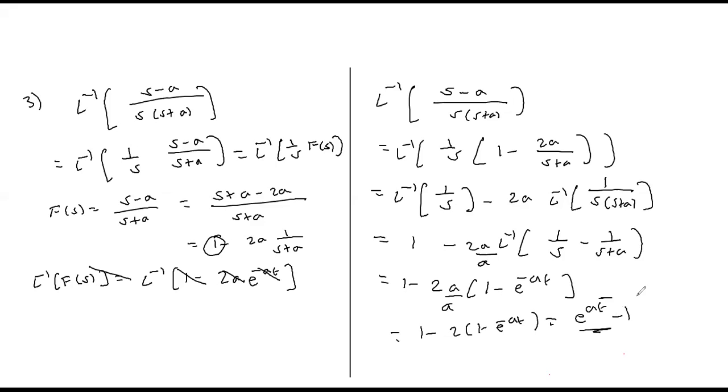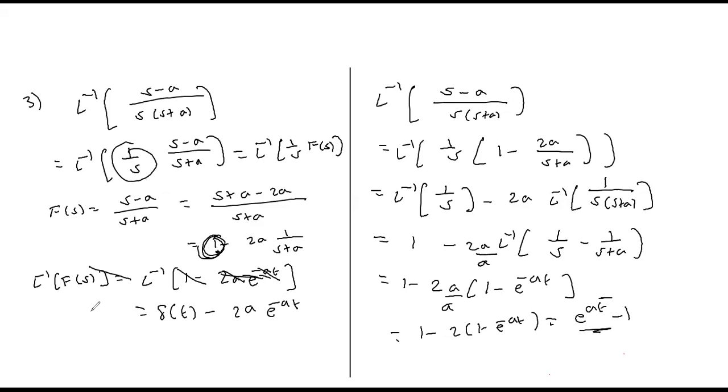We thought of applying the division by S property. But the problem is, if you apply it like this, you will get a delta of t. See, delta of t minus 2A times e power minus A t; L inverse of 1 is delta of t, and L inverse of 1 by (S plus A) is e power minus A t.